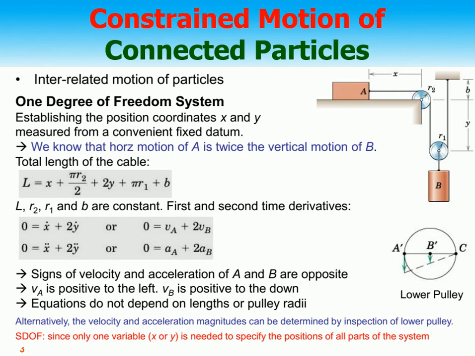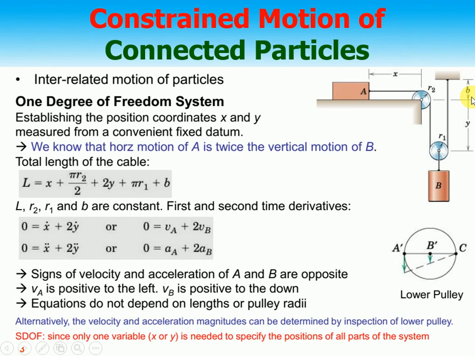So if we define the total length, the length L is equal to x, then the amount wrapped over this, half of it, pi r2 by 2, plus 2y, because there are two ropes, so 2y, right? Plus pi r1, since s is equal to r theta, plus this distance b.